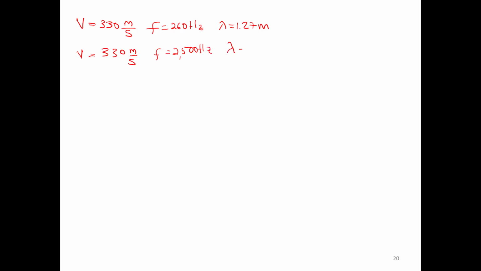In the first problem, the speed is 330 meters per second, the frequency is 260 hertz, and the wavelength is 1.27 meters. In the second case, we had the same speed, but the frequency in this case is 2,500 hertz. And the wavelength is, let's keep in meters because we want to compare the values.